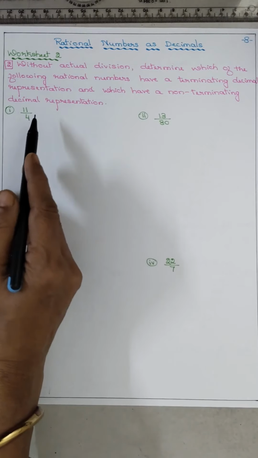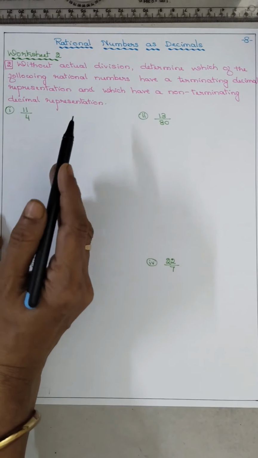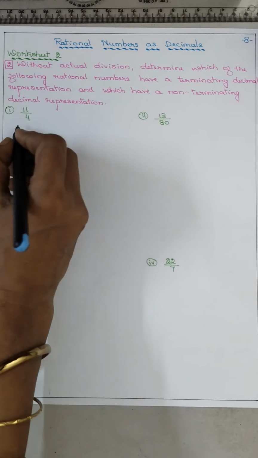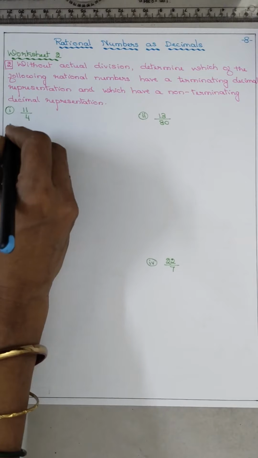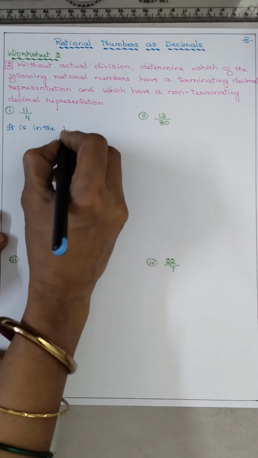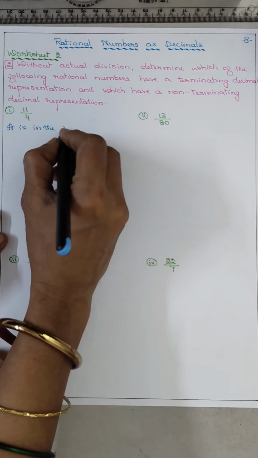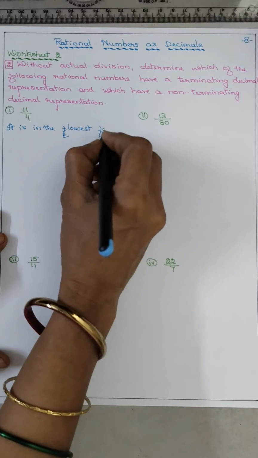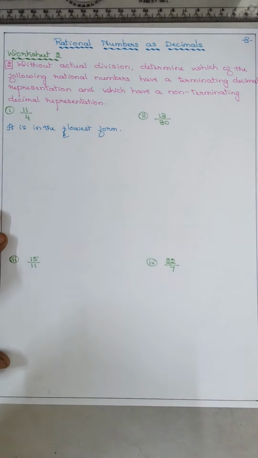So HCF of 11 and 4 is 1. So it is the lowest form. So first we will write it is in the lowest form. First step is this.